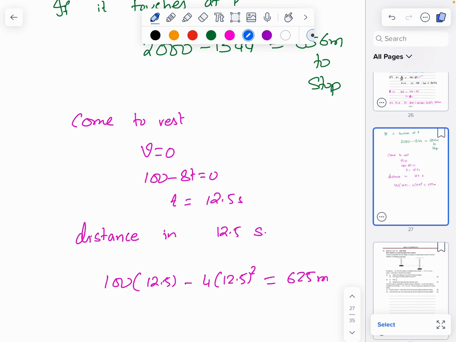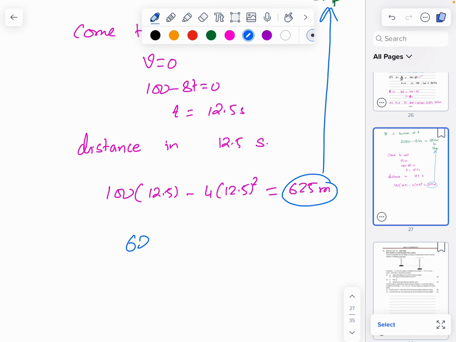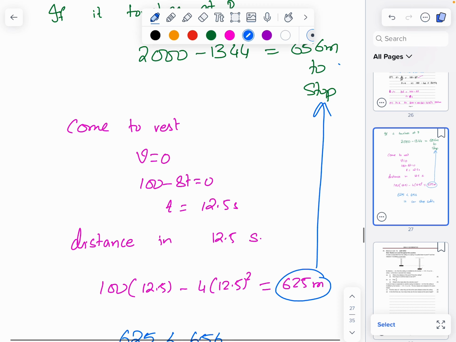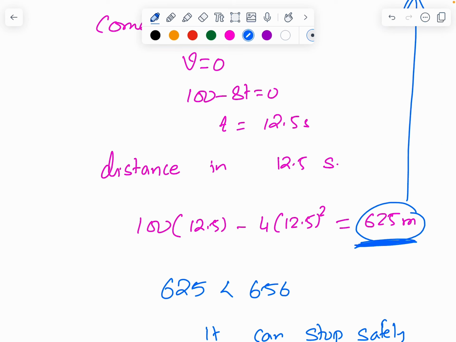So in this 12.5 seconds, it travels 625, but it requires 656 meters to stop. So 625 is less than 656. So it can stop safely, because it still has 656 meters but will travel only 625 meters. So still 31 meters ahead of B it will stop. So it is safe.